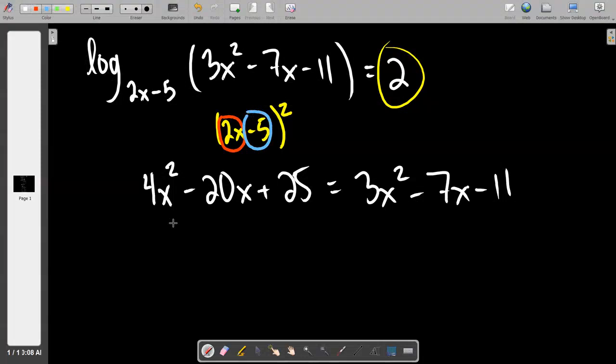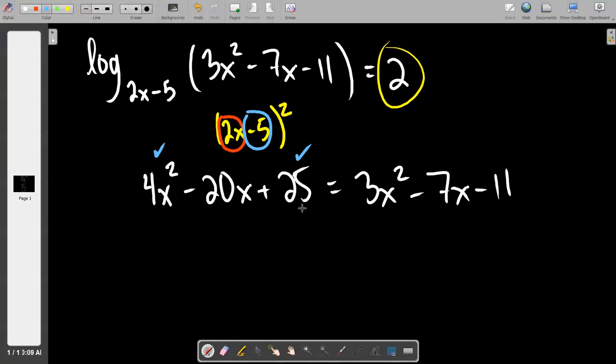What's 2x squared? 4x squared. Jackpot. What's -5 squared? Jackpot. And then again, take the red guy and the blue guy, just the things in the circles, and multiply them together. What do you get? You get -10x. Double that, what do you get? -20x. So you can start doing that on a quicker click without having to write it all out.